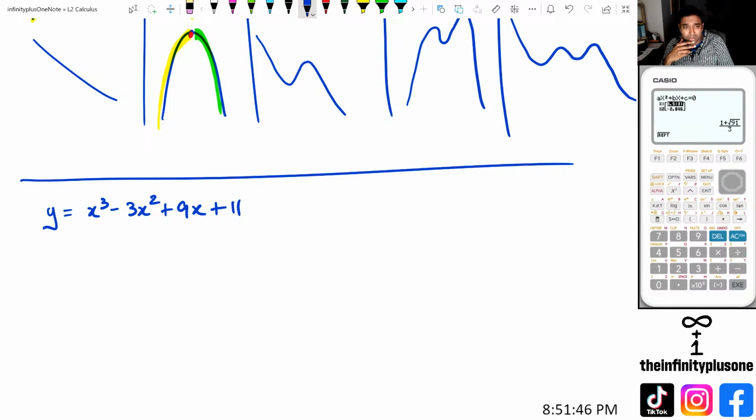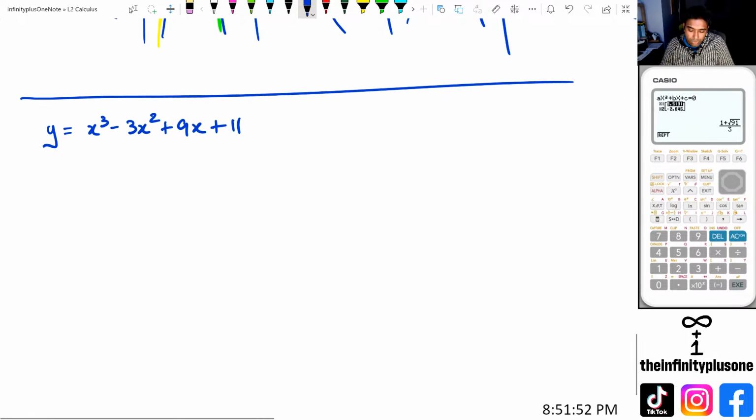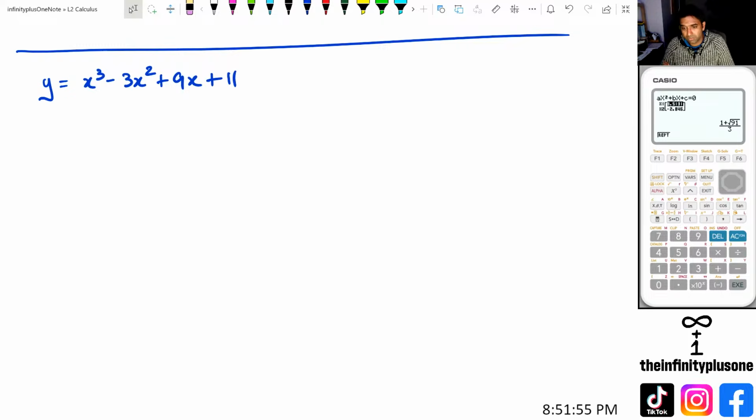But anyway, if you guys could just get the turning points, then from the turning points, I will show you how you can actually write an increasing, decreasing function. And then after that, we'll actually do an excellence question. Yeah, you heard me right. We go straight into excellence questions, because trust me, you know how to do this.